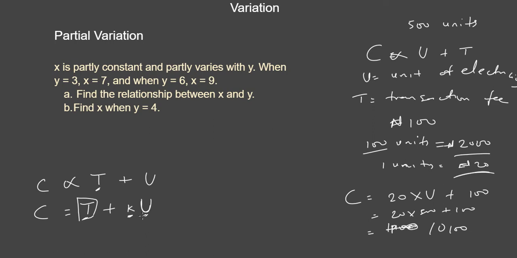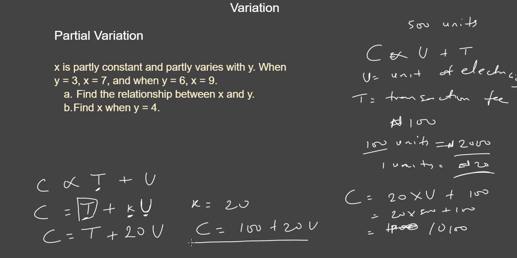So if you look at this formula with this example we just went through, you can guess that this K is equal to the 20 naira. So what that means is eventually the real formula the companies use in calculating the cost of electricity will be T plus 20U. So if you replace T with the transaction fee, it becomes 100 plus 20U.